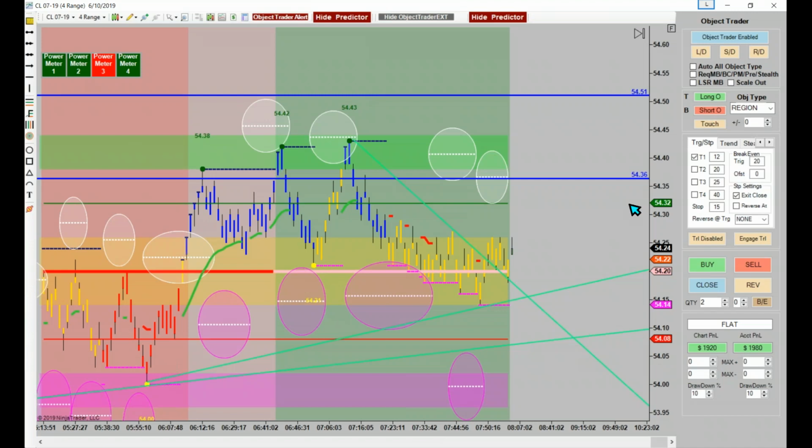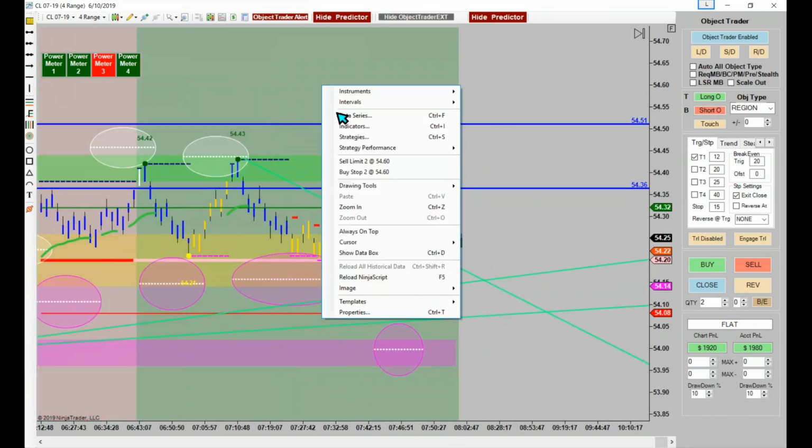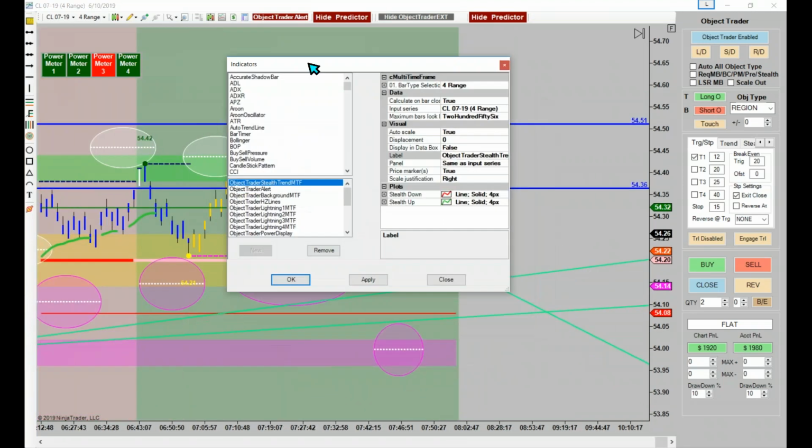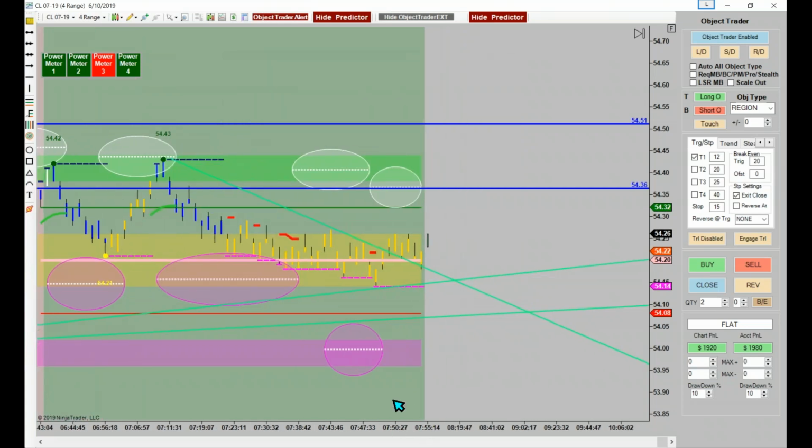We got a nice little tool, by the way, that'll help you on this. I want to show you something here that's pretty cool. Let me see if I've got it set. We'll set it if we don't have it set. Time regions. Today's the 10th, 7:59. That's when it'll fire.